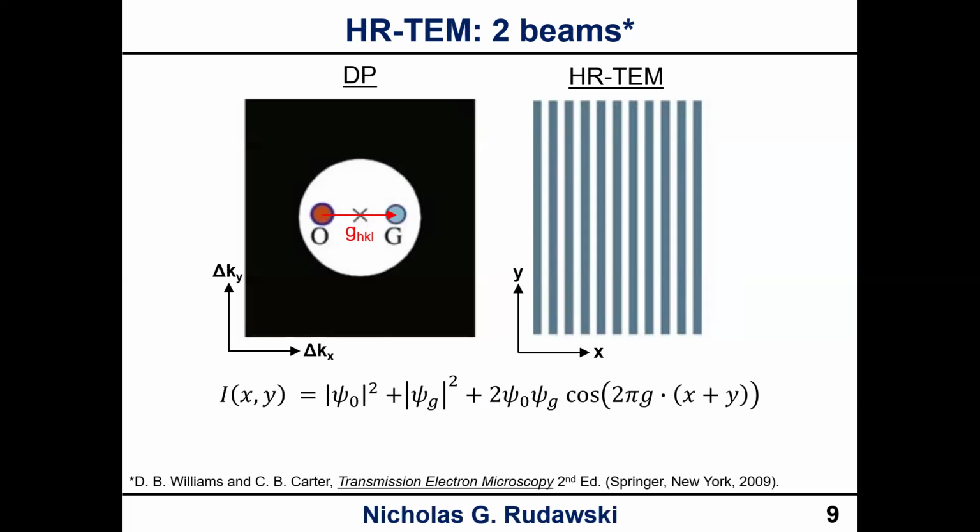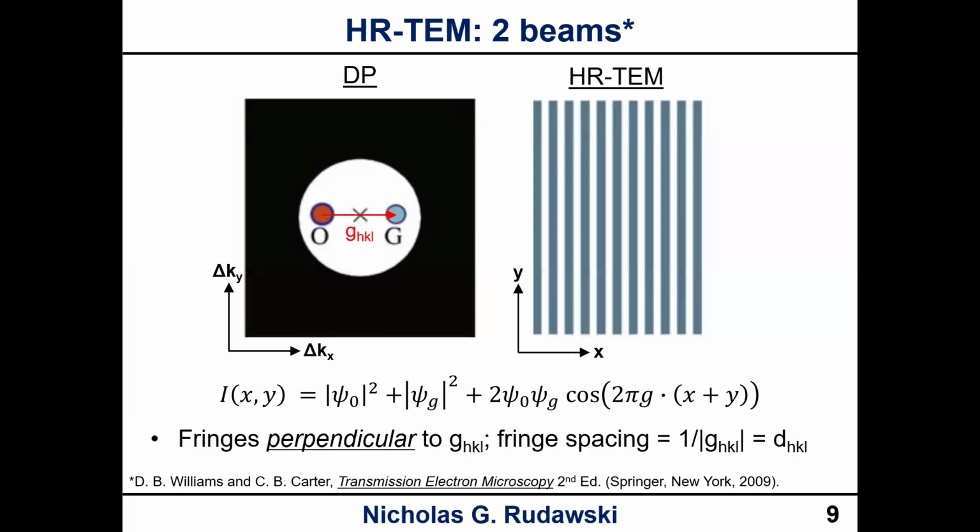So you see sinusoidal oscillations with periodicity equal to 1 over d, or in other words, the spacing between the fringes, between dark fringes and light fringes, is equal to d, okay? Also, because we have g dot xy, if I go along the y direction, y is always perpendicular to g, so that's always going to be 0. So I only see the oscillations along the x direction here.